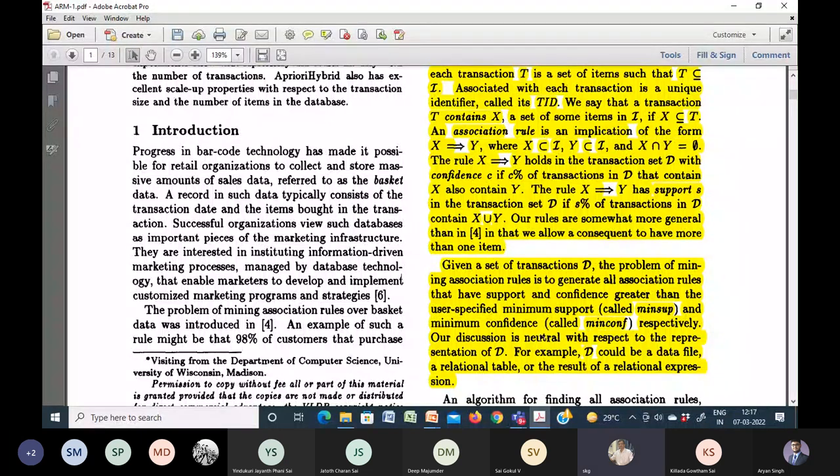Whatever we discuss with respect to representation is neutral to the representation of D, whether it is a data file, a relational table, or anything else.